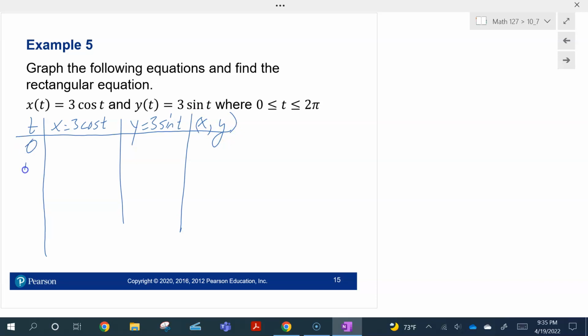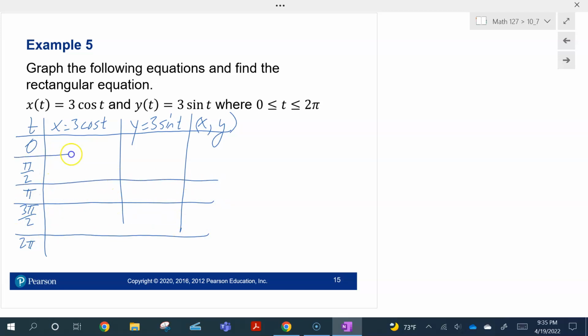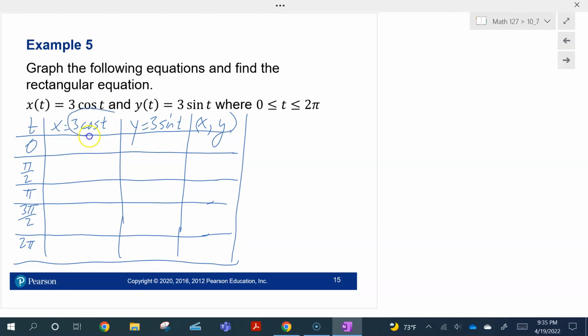Again, I'm going to pick 0, pi halves, pi, 3 pi halves, and 2 pi. And let's throw in 0. So we're plugging it in right here.